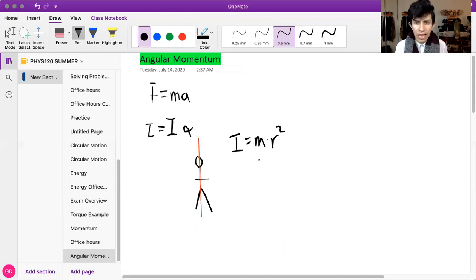The reason why I say for a point mass is because depending on the shape of the object, this moment of inertia can have a different coefficient. A coefficient is just a value in front of the mass. I'm going to get into that in just 1 minute, but I want to explain this whole situation first.